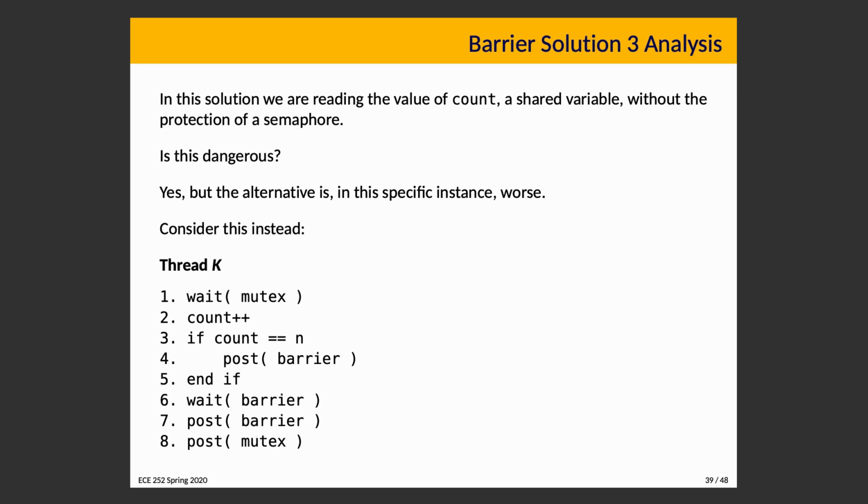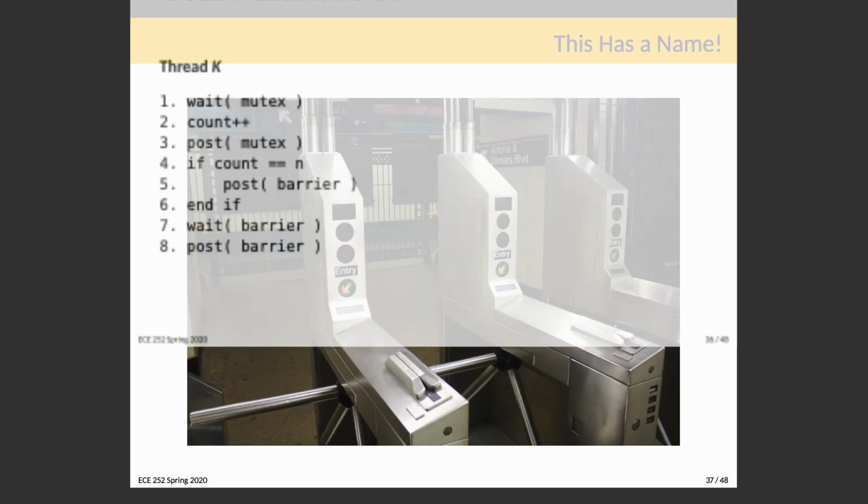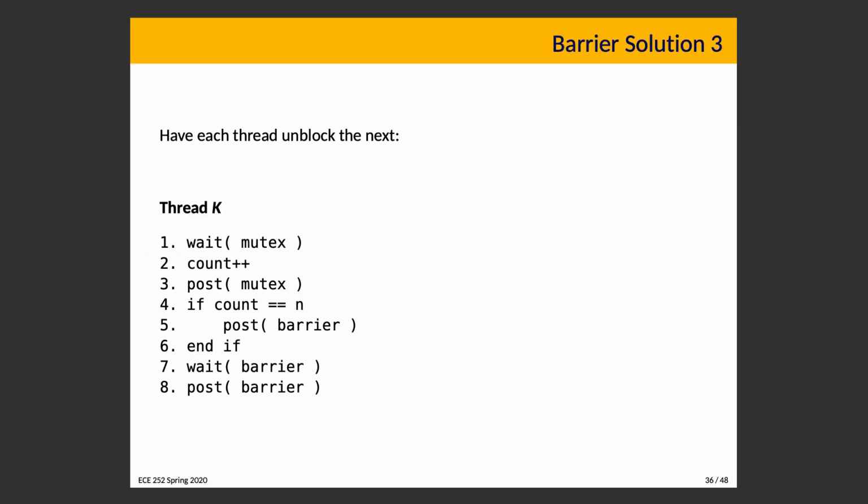One of the things that was wrong in the previous solution was that we were reading the value of count, a shared variable, without the protection of a semaphore. And if I go back and show you, you'll see what I mean. Here on statement 4, if count equals n, this is a shared variable and is being read outside of this wait and post critical section.